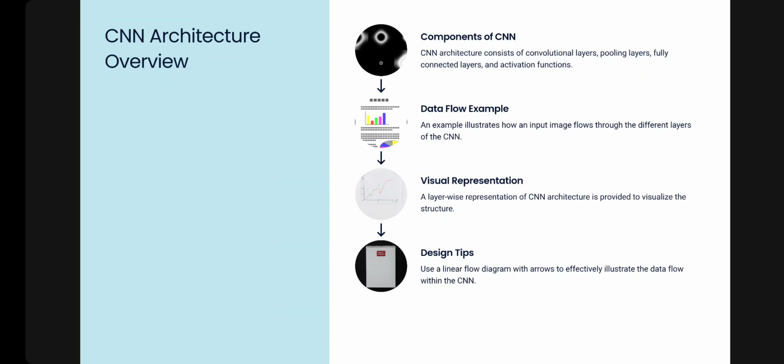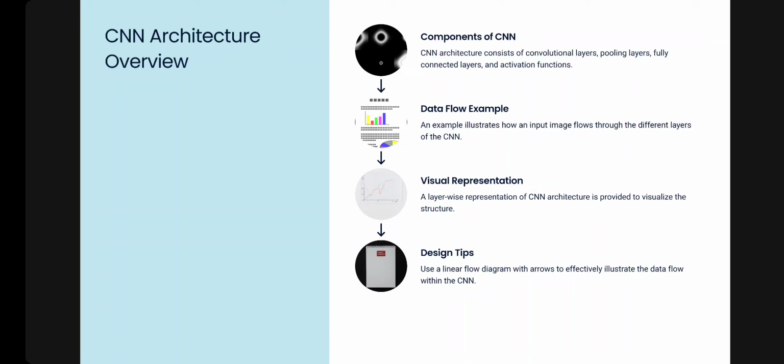So these are the basic components of CNN. It has a lot of convolutional layers, the pooling layers, and these layers are connected, and they use a lot of functions called activation functions. If you talk about the data flow example, it'll take an image as input, then analyze it, and then come out with its results.